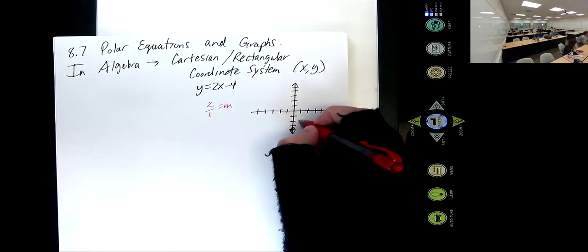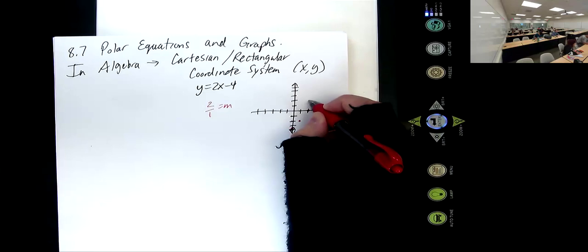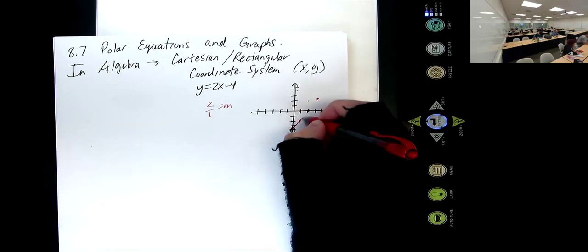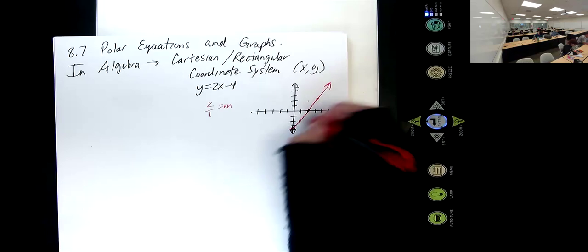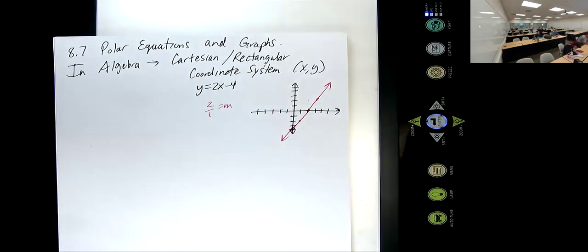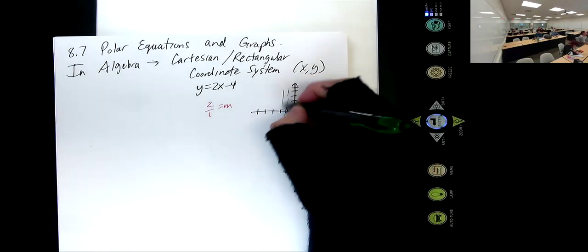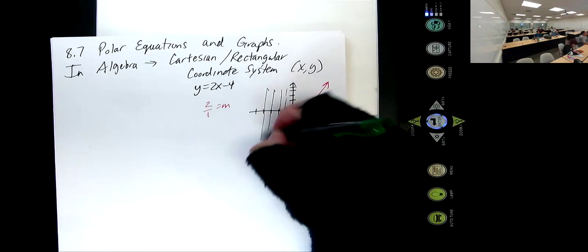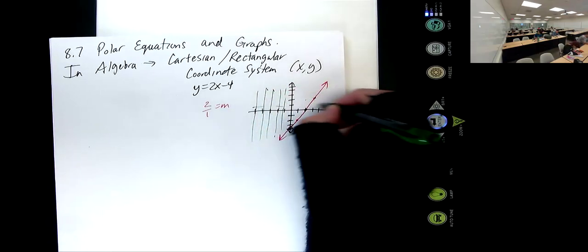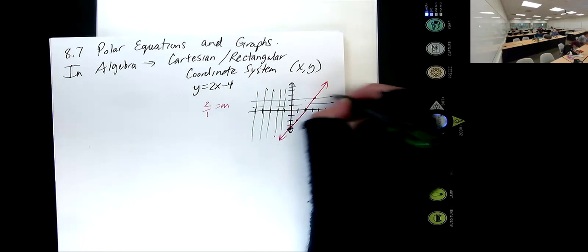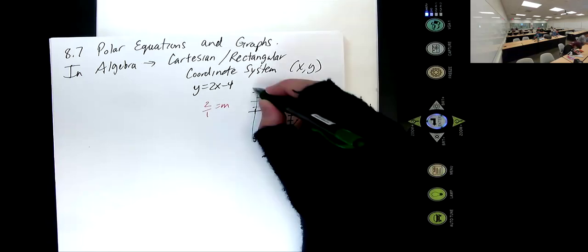Up 2 over 1, up 2 over 1, and you can make a line. It's called the Cartesian coordinate system because if you're doing it on grid paper, you have vertical lines and it makes rectangles, like graph paper.